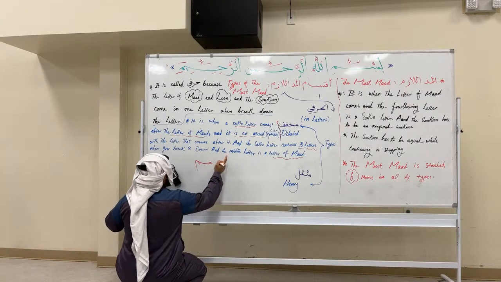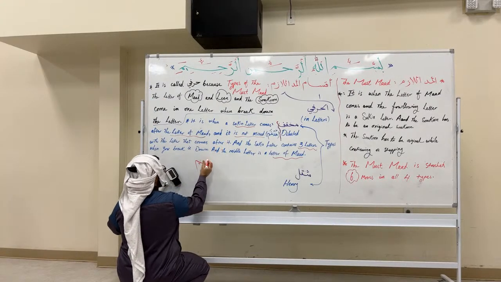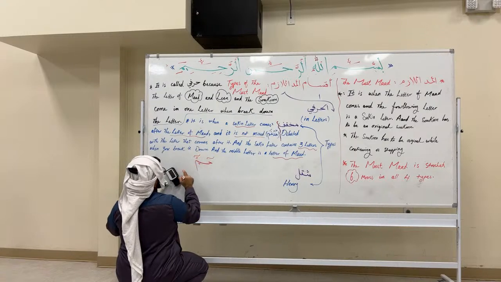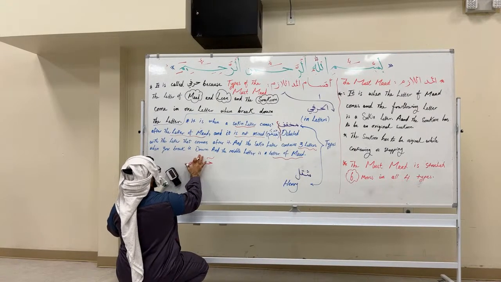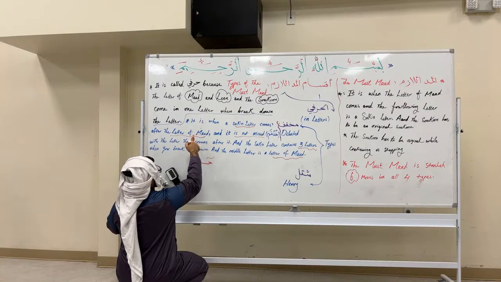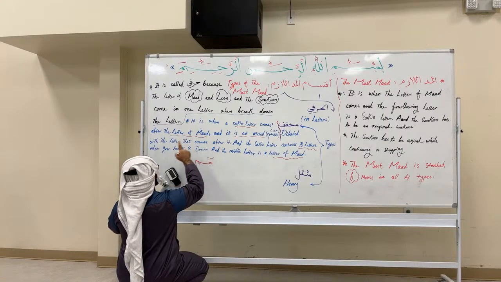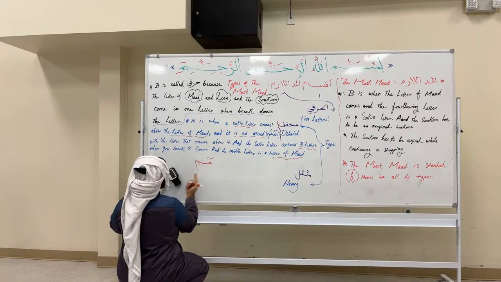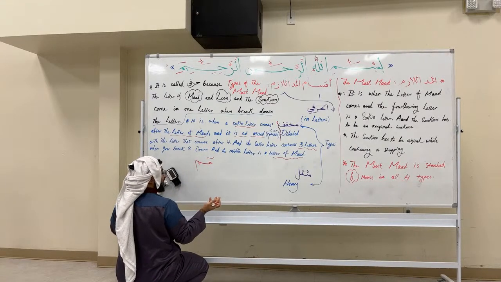So the second letter, ha meem. Sometimes you see it, ha meem, you think this is second, but it's not second. There's madd. Second, if you stop, ha meem, second, right? You think it's second. So when a second letter comes after the letter of madd, where's the letter of madd here? There's no letter of madd.